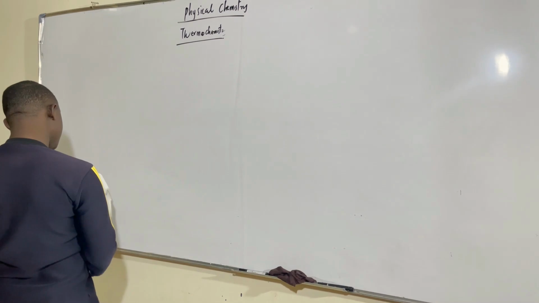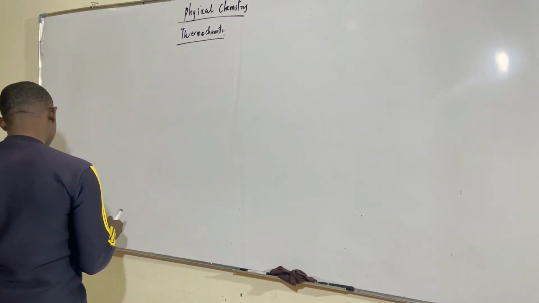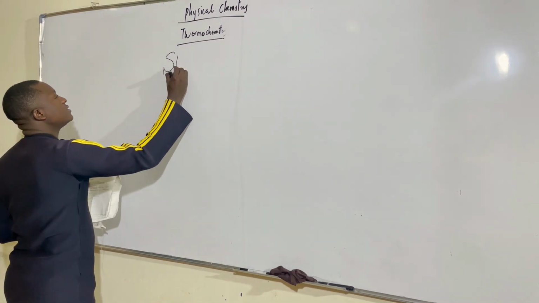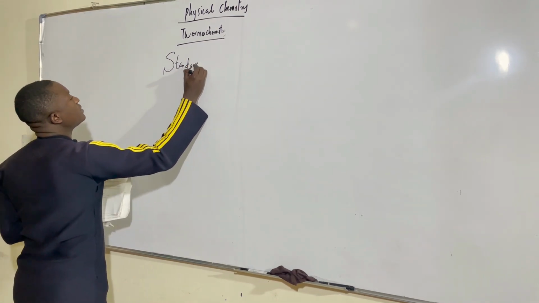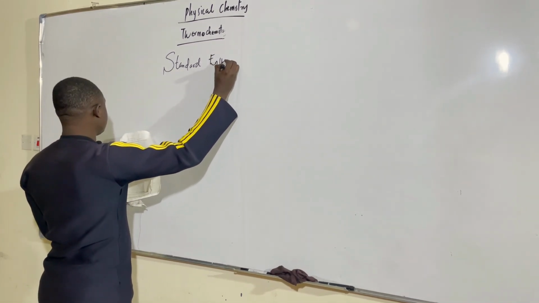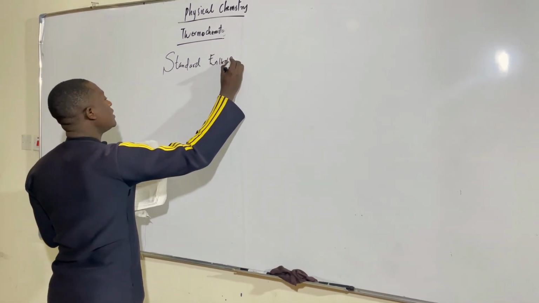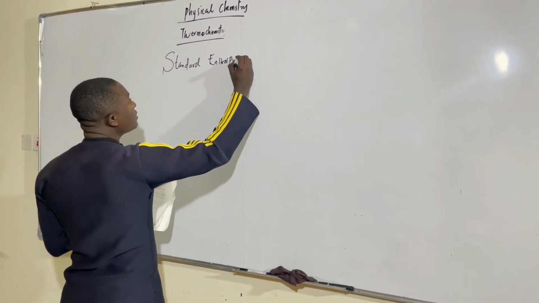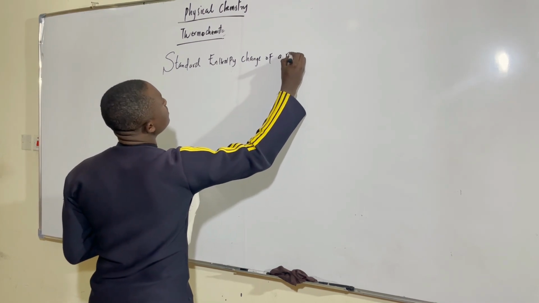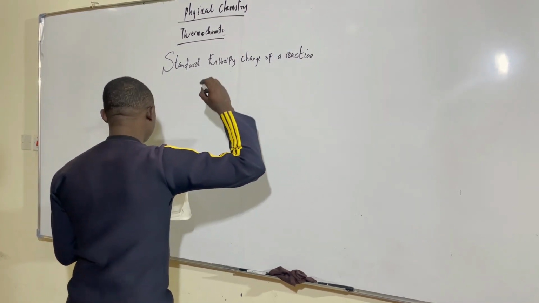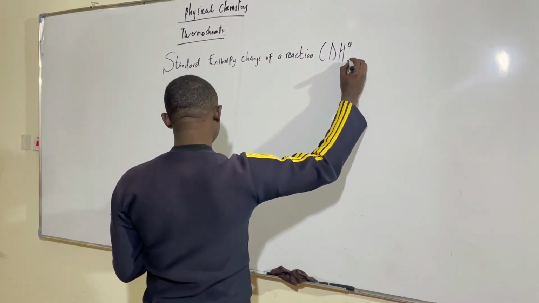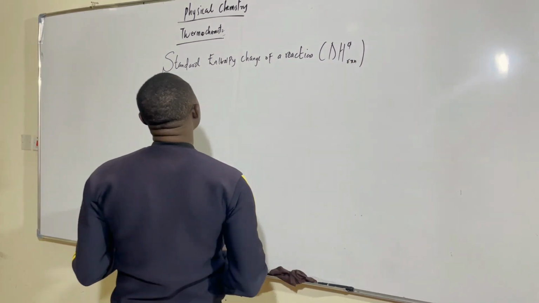You just have to consider the one with, so how can we calculate the standard enthalpy change of a reaction? So that one is denoted by this. Standard enthalpy change of reactions.